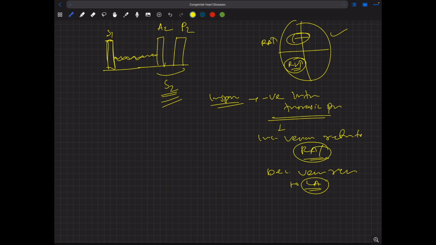That will lead to decreased venous return to the left heart and increased venous return to the right heart.